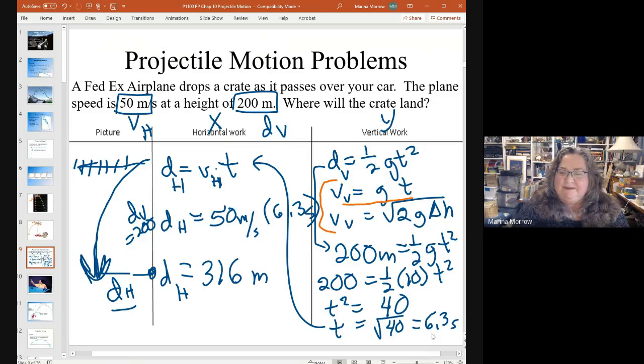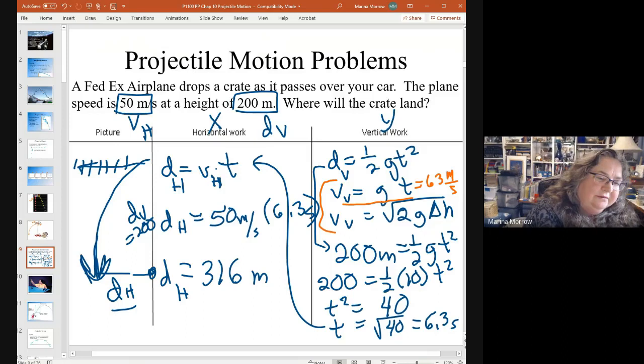So 10 times 6.3 gives us a final velocity of 63 meters per second in the vertical direction. So in the vertical direction, the component of the velocity is 63.